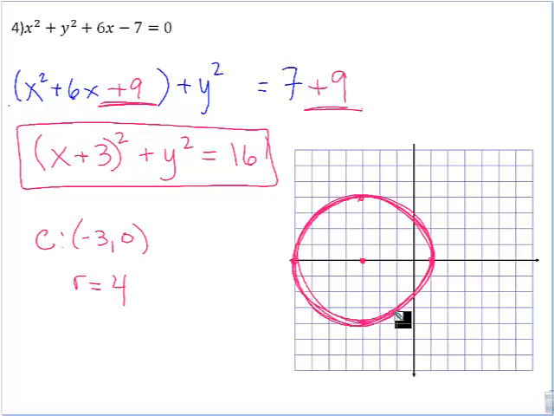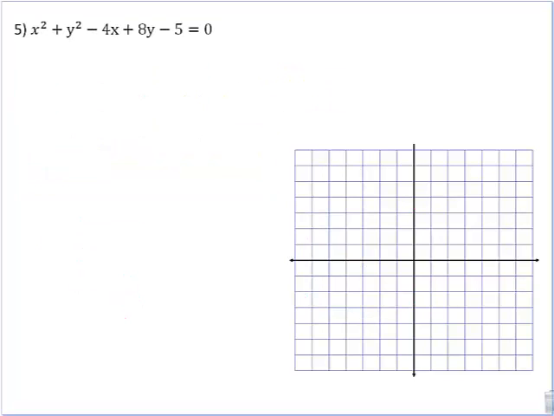All right, let's do one more where we have to complete the square. X squared plus y squared minus 4x plus 8y minus 5 is equal to 0. Okay, good.